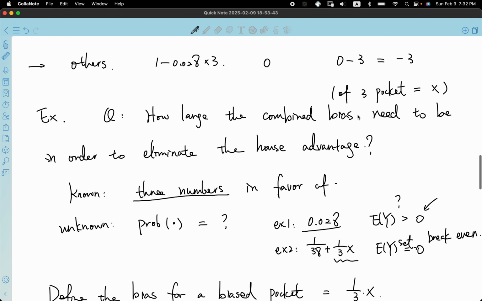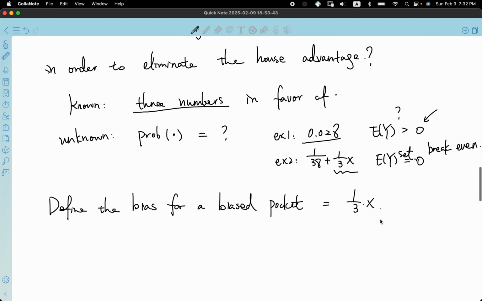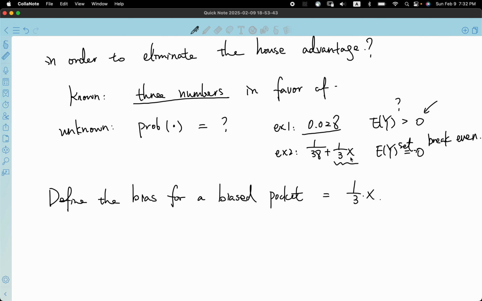The x is the combined bias of the 3 pockets in total, and the bias for a specific pocket is just 1/3 multiplied by x. So you just separate the combined bias into 3 pieces. Again, we are interested in the value x here, such that the expected profit equals 0.